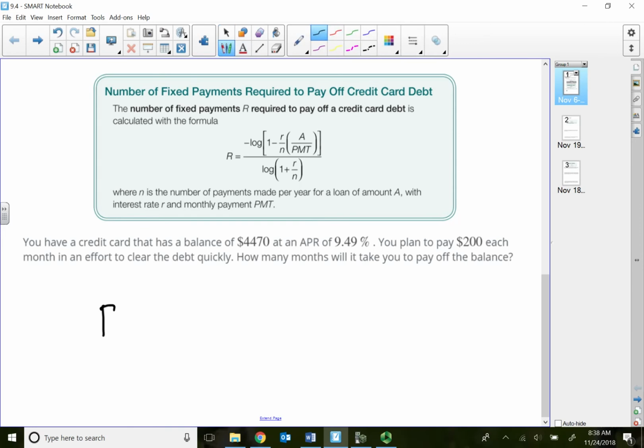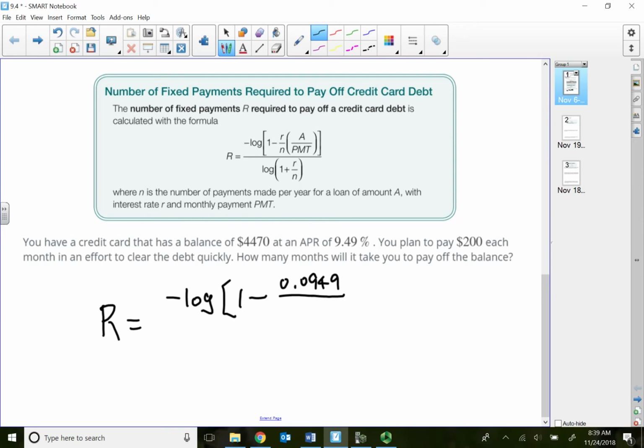The number of fixed payments is going to be negative log, times brackets, 1 minus R, which is 0.0949, divided by N, the number of payments per year.